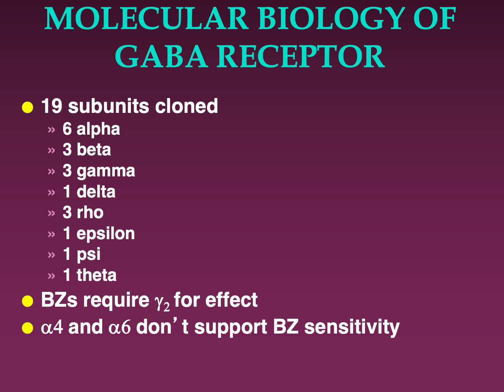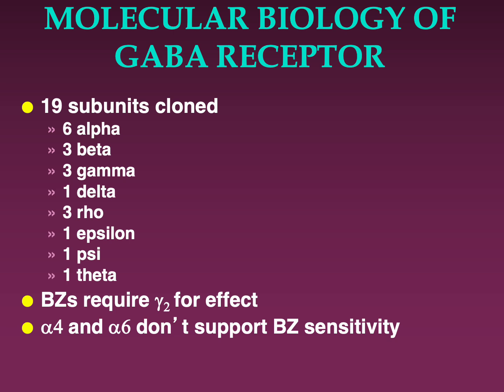The other thing to remember is, of the 6 alpha subunits, the alpha 4 and alpha 6 subunits don't support benzodiazepine sensitivity. They act clearly as chloride channels and respond to GABA, but the benzodiazepines have no effect if the GABA A receptor contains only alpha 4 or alpha 6.